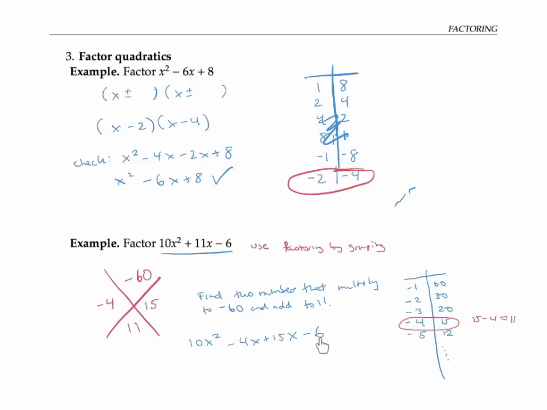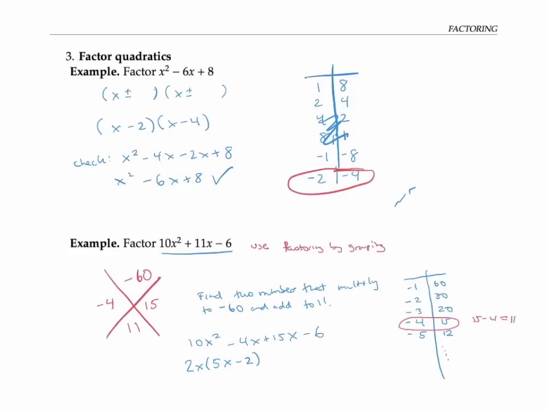And so this expression evaluates as the same as this expression. I haven't changed my expression. But I have turned it into something that I can apply factoring by grouping on. Look, I've got 4 terms here. And so if I factor out my greatest common factor of my first 2 terms, that's, let's see, I think it's 2x. So I factor out the 2x, I get 5x minus 2.